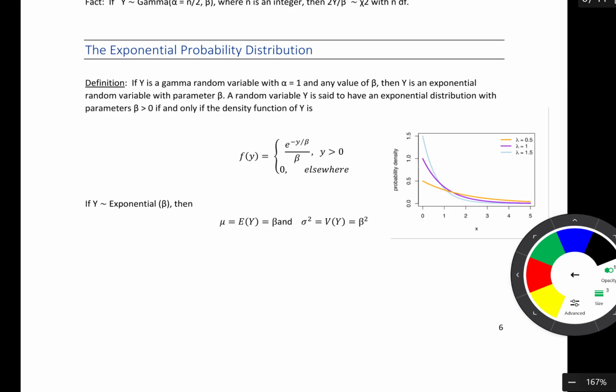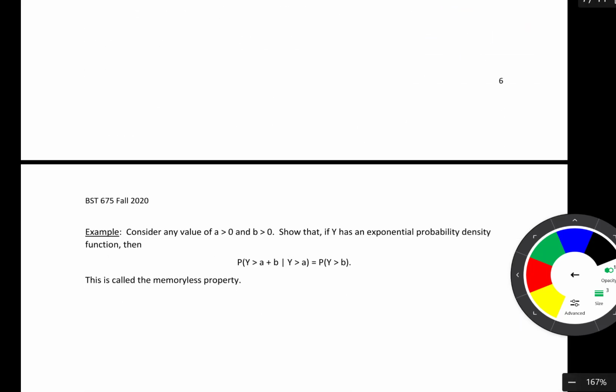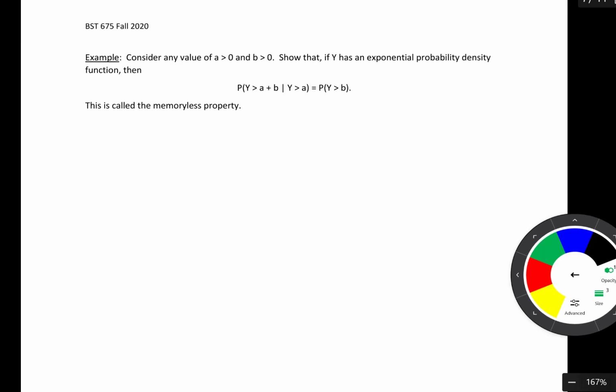Another special type of gamma we might be interested in is the exponential probability distribution. And so here you can see a picture of some different exponential distributions. And we're going to talk about some of the properties of the exponential distribution and how that can help us. All right, so we're going to start out by considering any value a greater than 0 and b greater than 0.